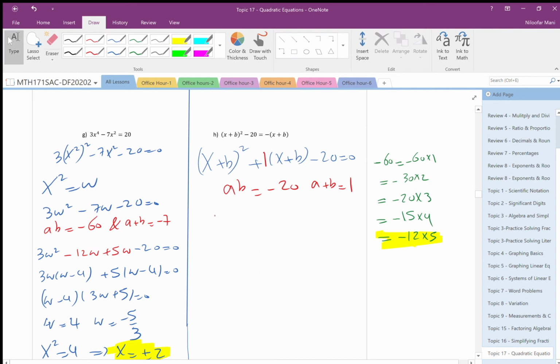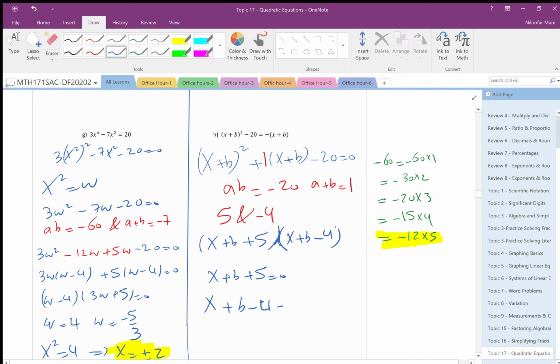I say it's 5 and minus 4. So it is x plus b plus 5 multiple x plus b minus 4. Okay, so x plus b plus 5 equals 0, x plus b minus 4 equals 0.